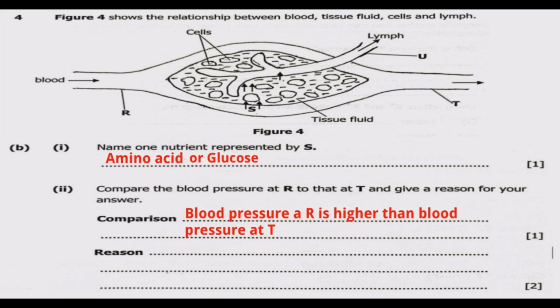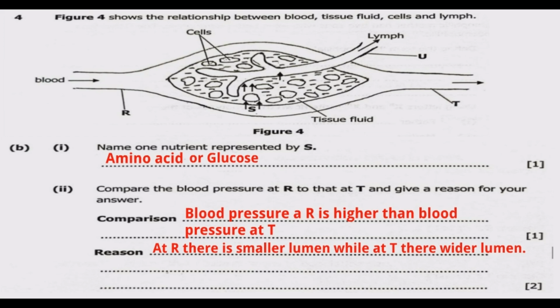Okay, now we come to the reason. They are giving us 2 marks, so I'll just give you 2 reasons. The first reason is at R there is a smaller lumen, while at T there is a wider lumen. You can also write that at R there is a narrow lumen, while at T there is a wider lumen.